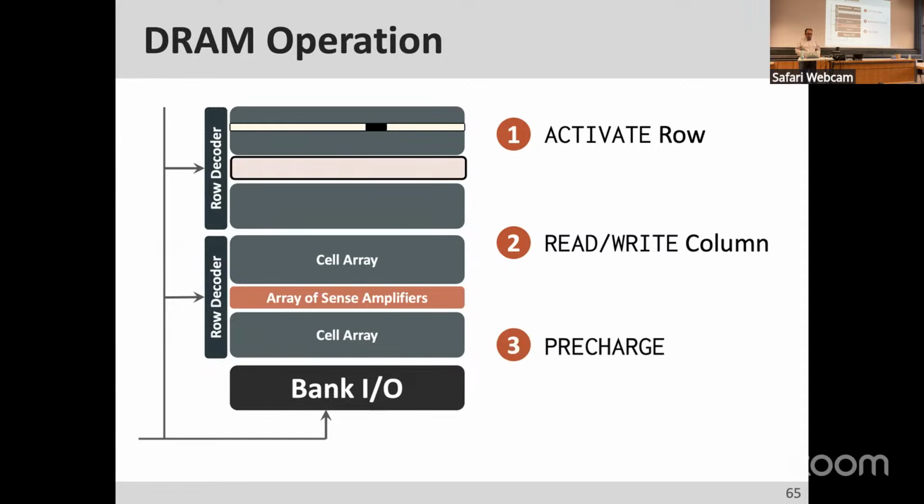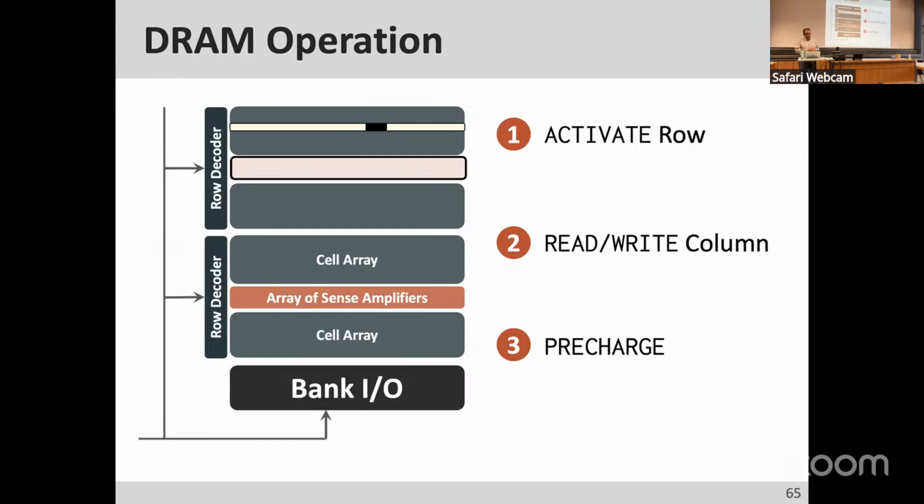And after you are done, when you want to close the row, essentially you do precharge. By doing precharge, you close the row. You can actually delay the precharge, meaning that you keep this row open for a while. Why is that? Because you are predicting that there are going to be some future accesses that need to be serviced by the same row buffer, benefiting from, for example, some spatial locality.